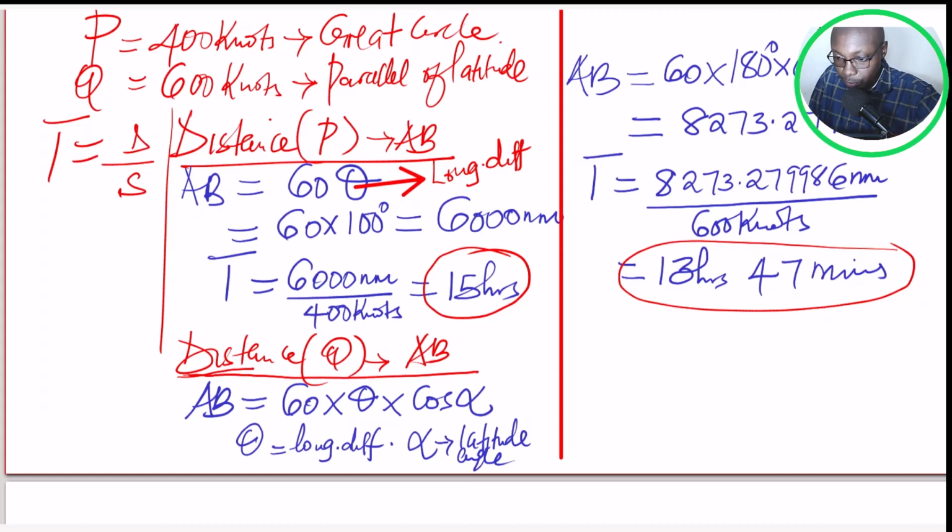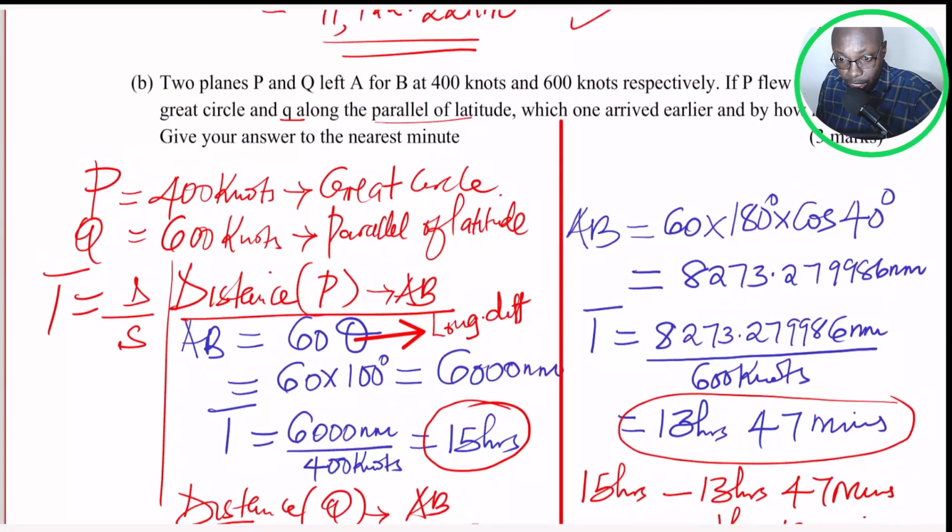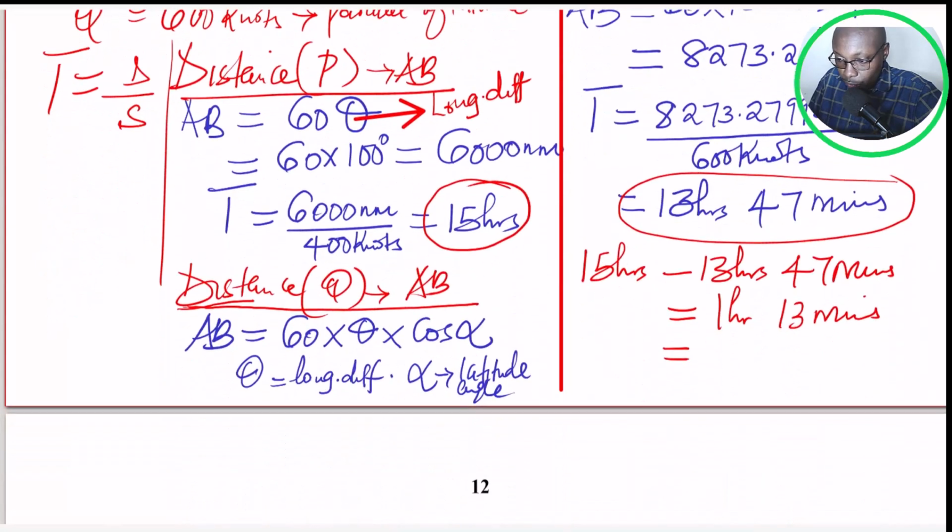So you just need to get the time difference. 15 hours subtract 13 hours and 47 minutes will give 1 hour and 13 minutes. So Q arrived earlier by 1 hour and 13 minutes, and because you're required to give the answer to the nearest minute, when you convert 1 hour 13 minutes, it gives 60 plus 13, which is 73 minutes.